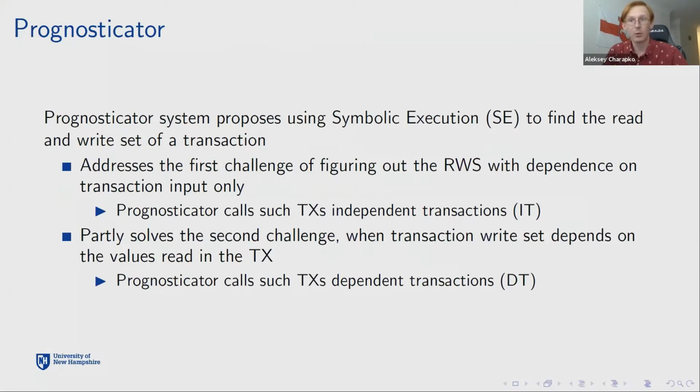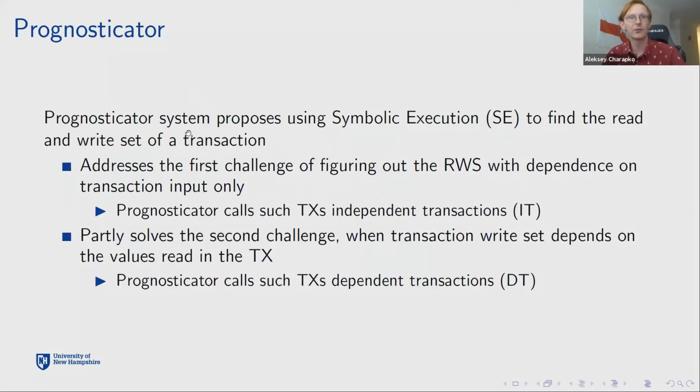So these are the two challenges with read-write sets. Now we can go into how the paper tries to address these challenges. The authors call their system a prognosticator. I have a feeling this is because it tries to prognose, to get a prognosis of sorts, on what read and write sets are going to be needed in a transaction.